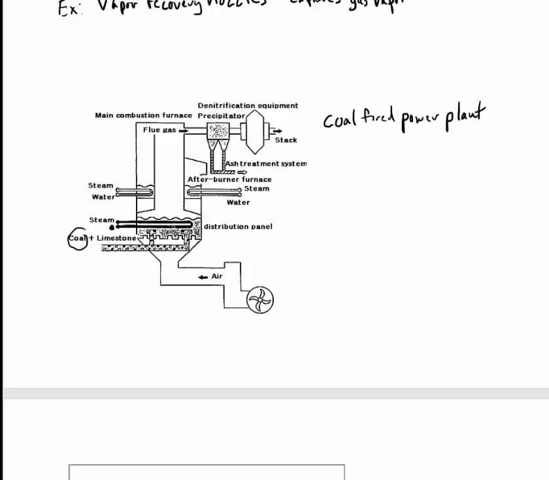The SOx, or the sulfur that's in the coal, mixes with the calcium that's in the limestone to make calcium sulfate. And that's actually something that they can use. So this is called a desulfurization unit.